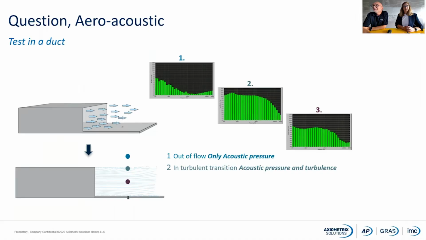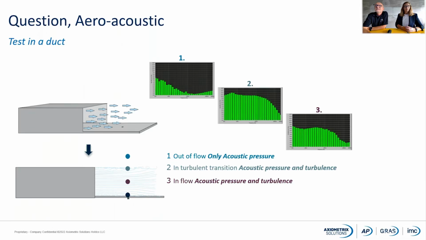If we measure in the middle, where we are measuring in the laminar flow, we will measure a little bit less than we did before. Here we will again measure the acoustical pressure, and the turbulence we actually have in the flow in the middle, in the laminar flow.